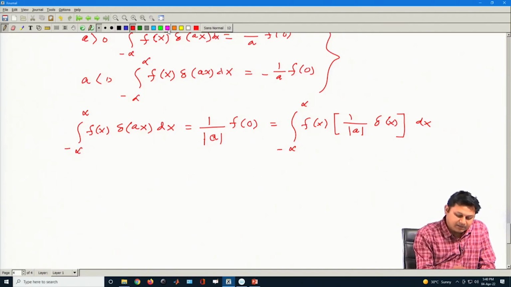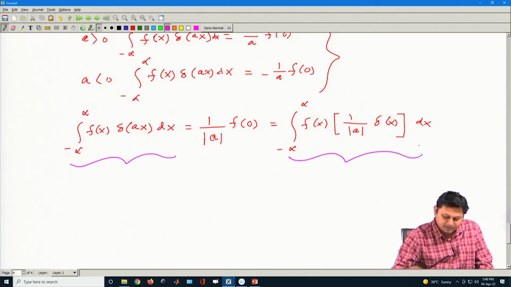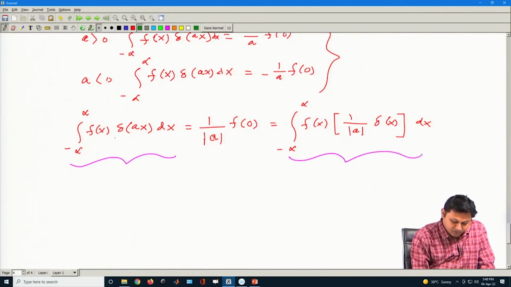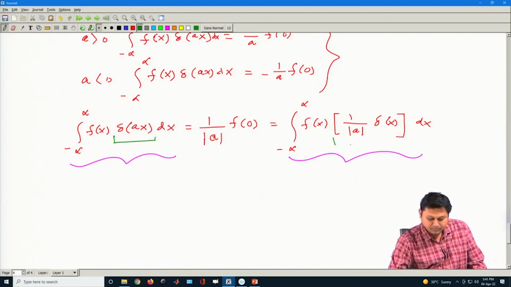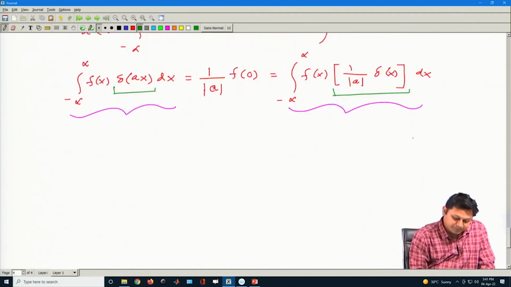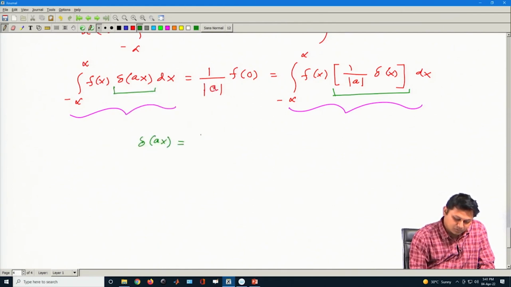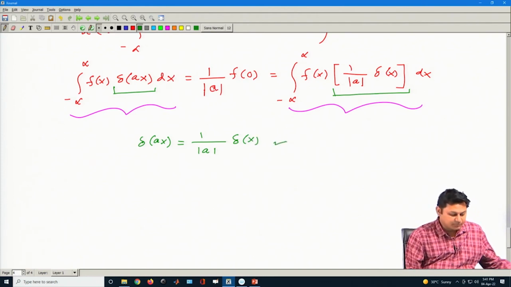Now, if I tally this side and this side, it simply gives me that this quantity delta of ax is simply 1 by mod of a delta of x. So, that proves that delta of ax is equal to 1 by mod of a delta of x. Okay, this is a very important proof.